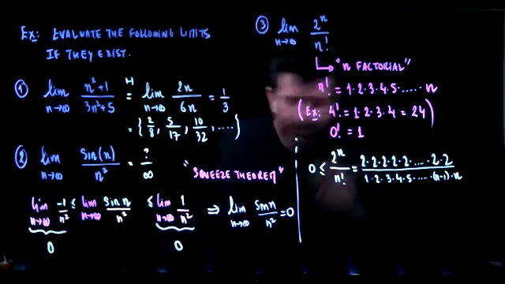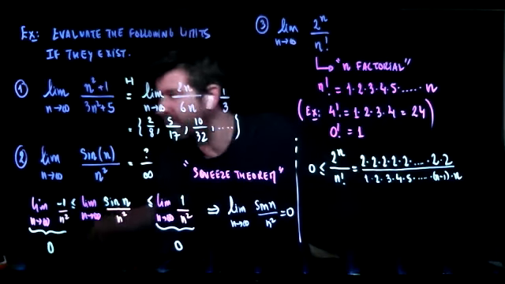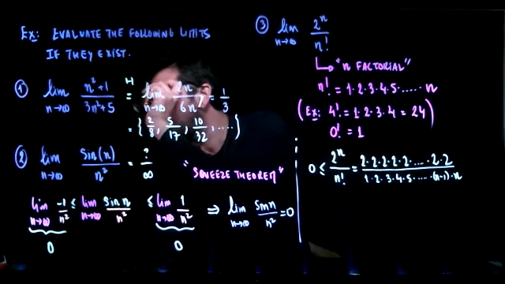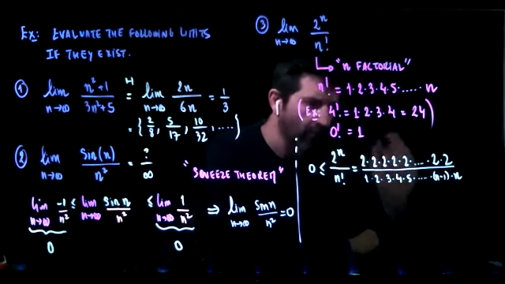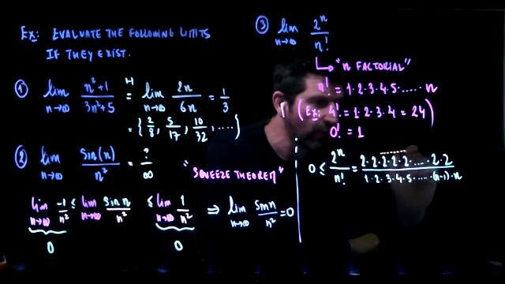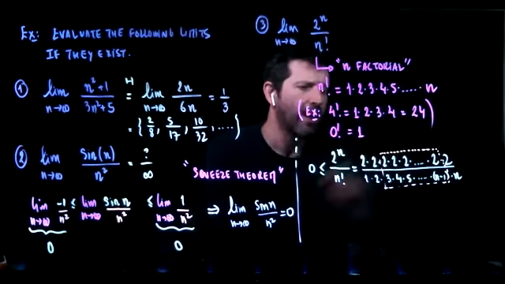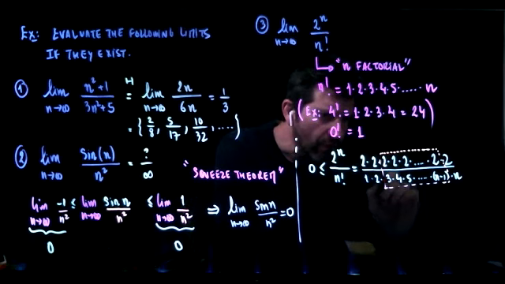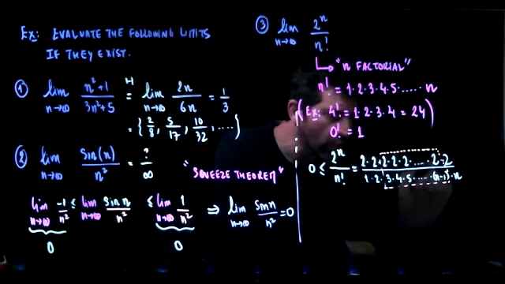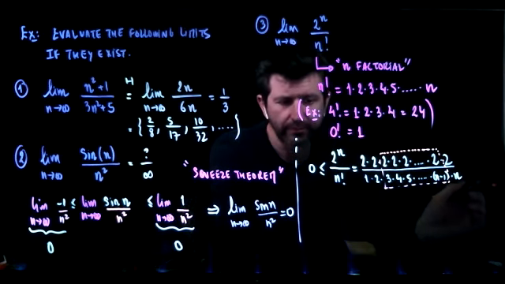Now what I'm going to do, that's tricky and we're a bit short on time. Worst case, I'll redo it tomorrow, but look at what I'm going to do here. I'm going to take these guys here, and what do I have? 2 over 3, 2 over 4, 2 over 5, 2 over 6, and so on, 2 over n minus 1. All these fractions are smaller than 1.